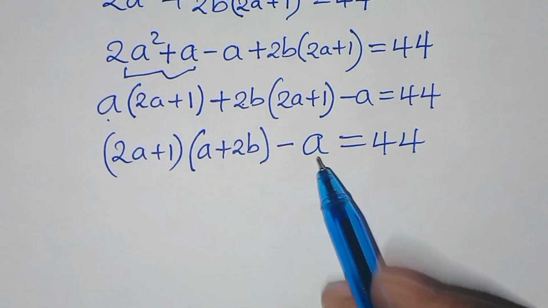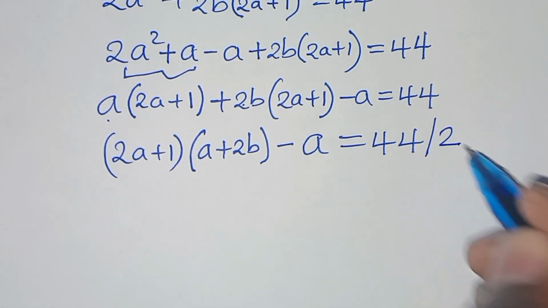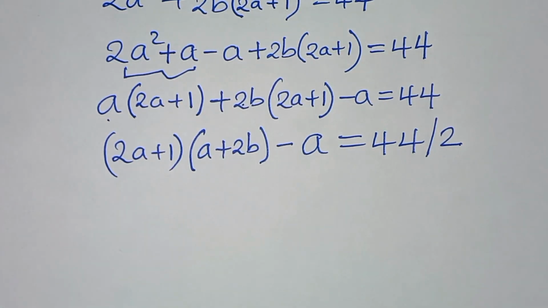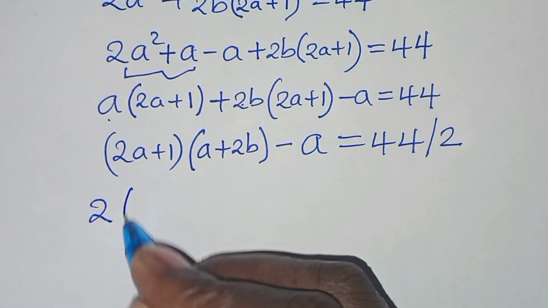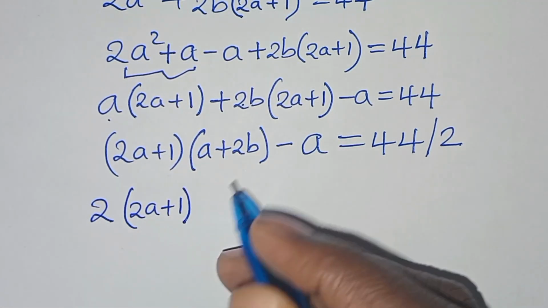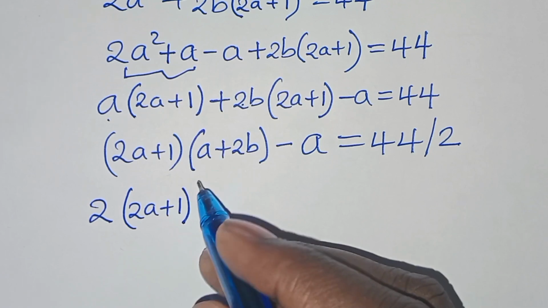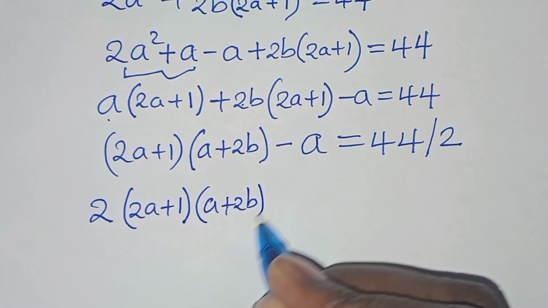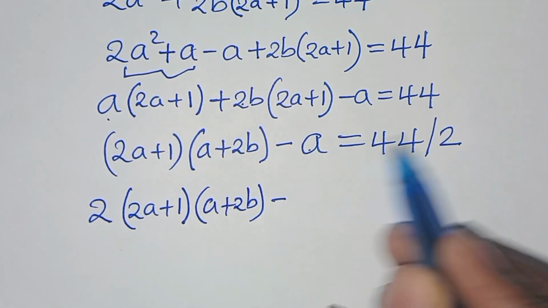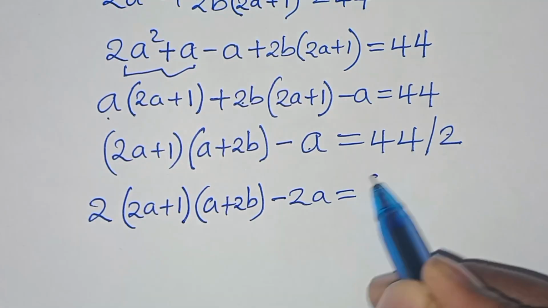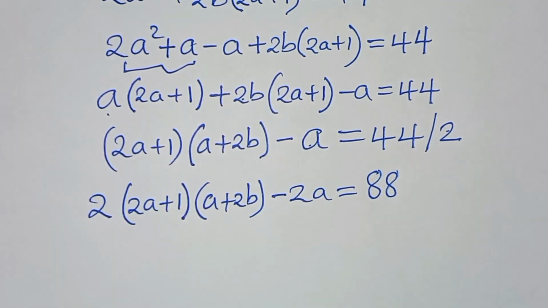Now to factor a, we have to multiply both sides by 2, so that now we'll have 2 times (2a plus 1), and then again we'll have a plus 2b, subtract 2 times a, this is 2a, equal to 44 times 2, which is 88.